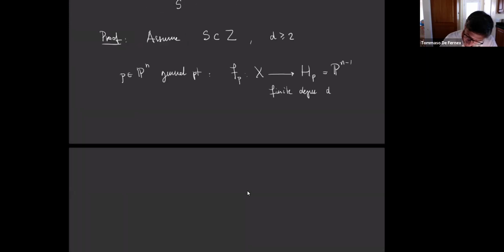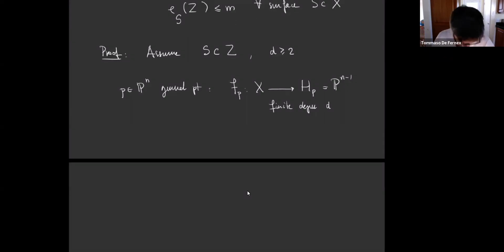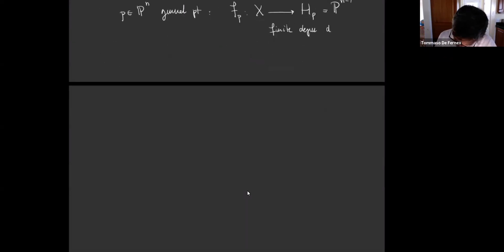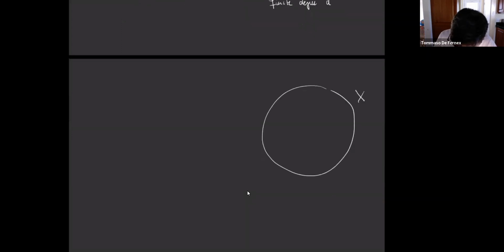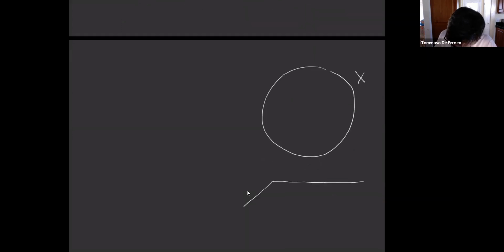Okay. So now I want to repeat the argument I did before. So let's go through that. I'm going to draw a picture first. So this is X, and then projecting this X to some hyperplane H_p by this map f_p. So now I have a surface here.